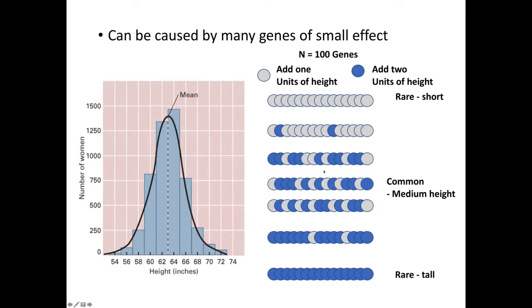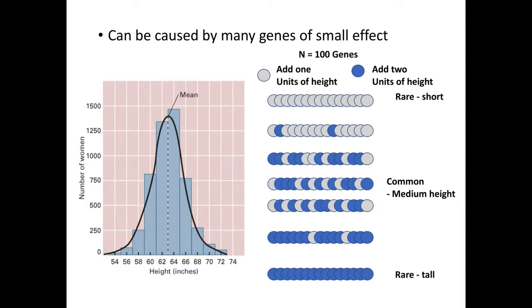Anyway, there are many, many different ways to arrange the allelic states such that we achieve middling heights, right? And so that's why the middle phenotypes are more abundant than the rare ones, because it requires a bunch of rare events for the either very short individuals or very tall individuals to be generated.